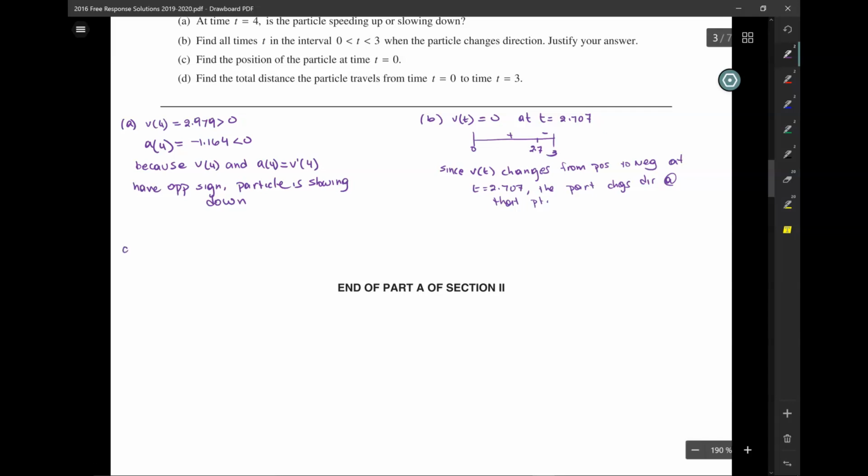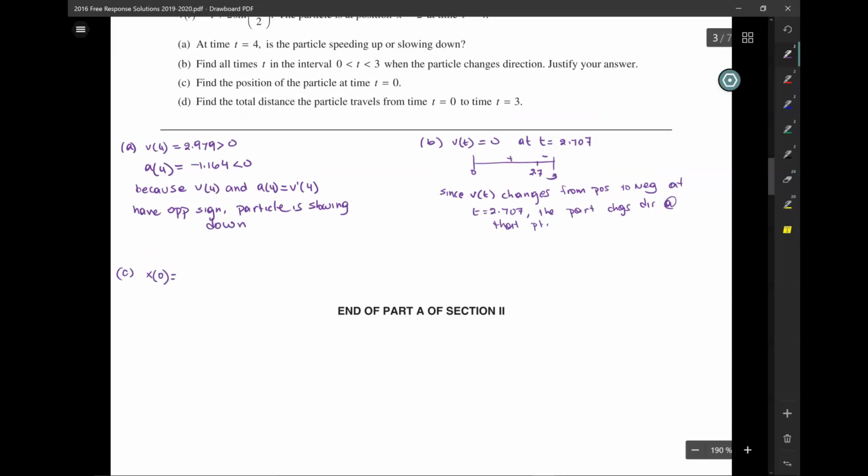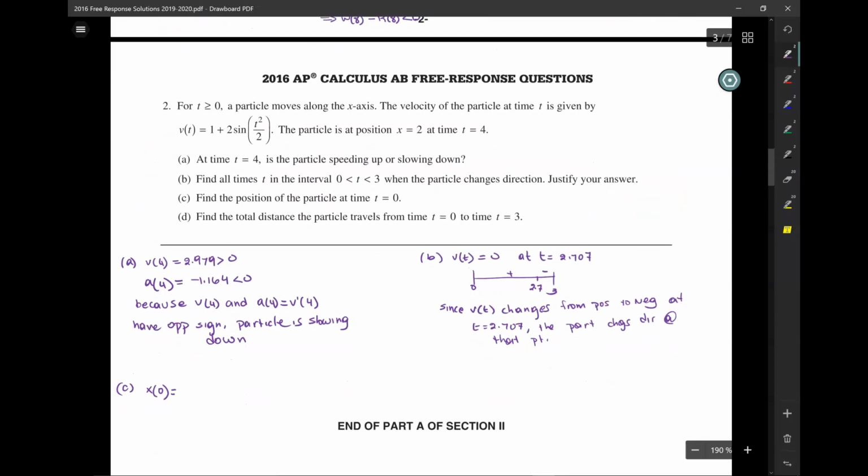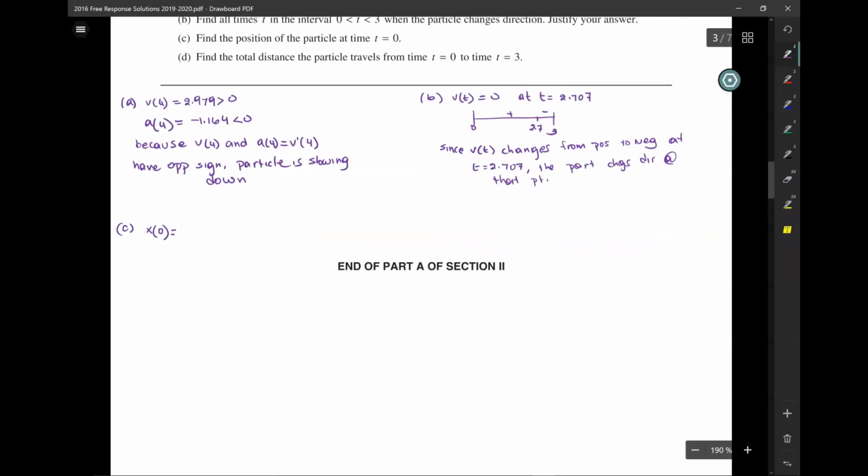Okay, part C, find the position of the particle at time t equals 0. This is why I was saying this is an interesting problem. So we want x of 0. What are we given? We're given that at t equals 4, x is equal to 2.